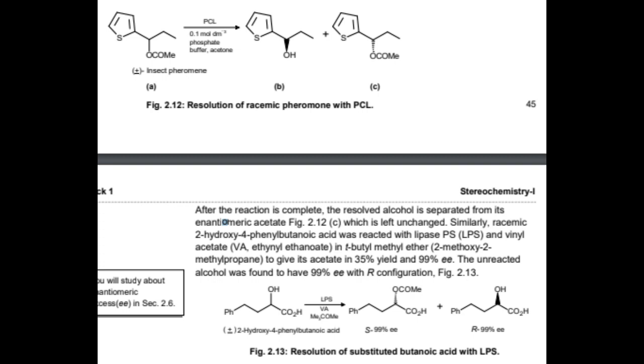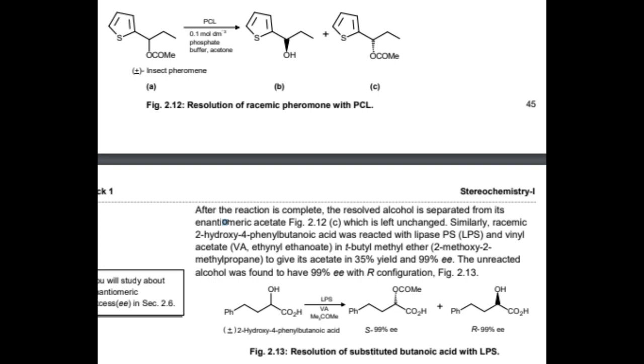Figure 2.12, resolution of racemic pheromone with PCL. After the reaction is complete, the resolved alcohol is separated from its enantiomeric acetate, Figure 2.12c, which is left unchanged.